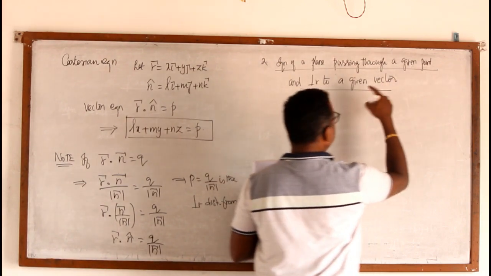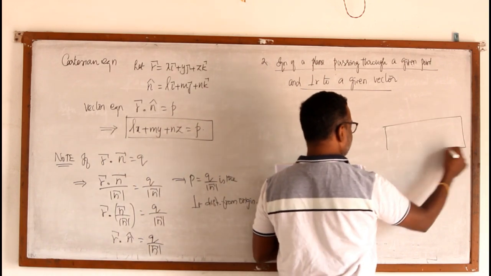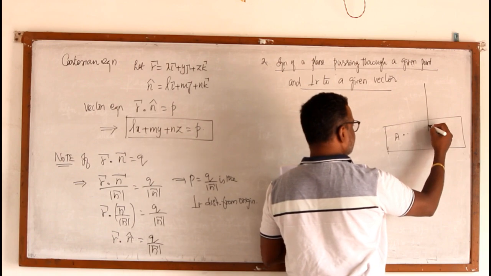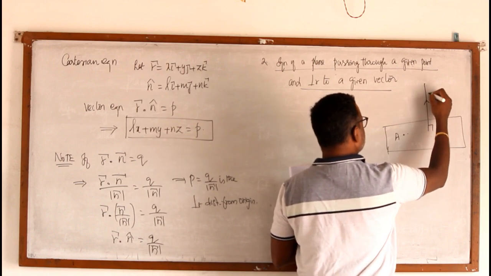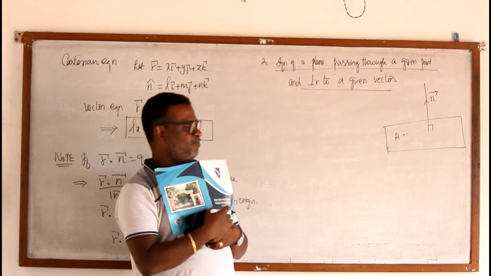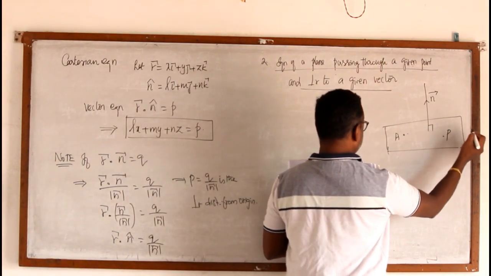So a point is given and a perpendicular vector is known. Suppose I have a plane, a point A is known and a perpendicular vector, a non-unit perpendicular vector, it is understood it is the normal vector, therefore n vector is given. So let P be any point on the plane.